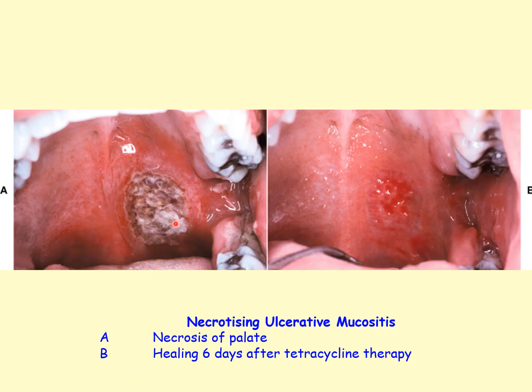Cancrum oris can involve the soft tissues of the oral cavity, either in isolation or in combination with destruction of the facial tissues. On this slide, you can see extensive destruction and necrosis involving the left palate, hence the name necrotizing ulcerative mucositis.